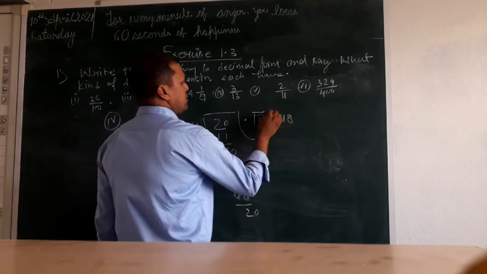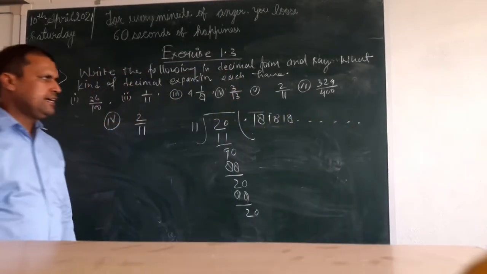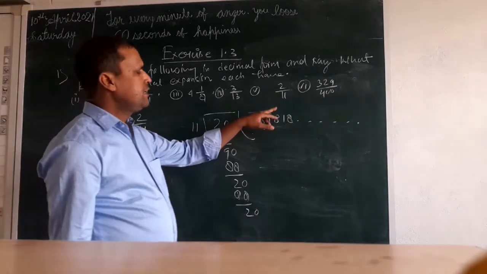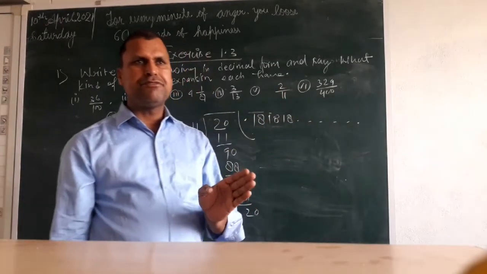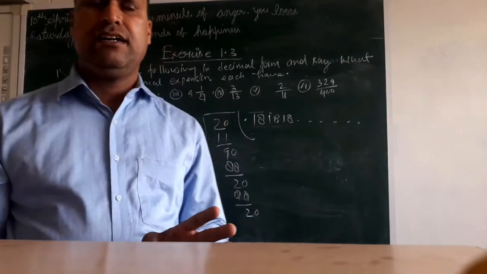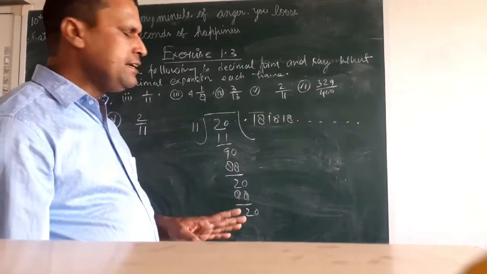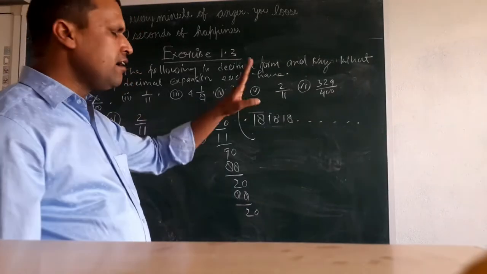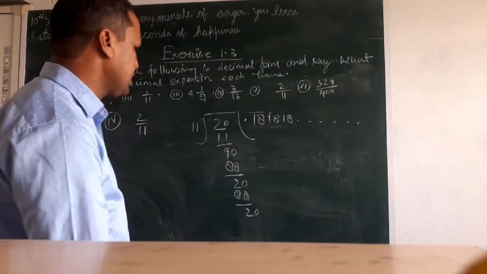You will find it like this. As we already said, if the factors of the denominator include 2 or 5 or both, then it is terminating, otherwise it is non-terminating and recurring.